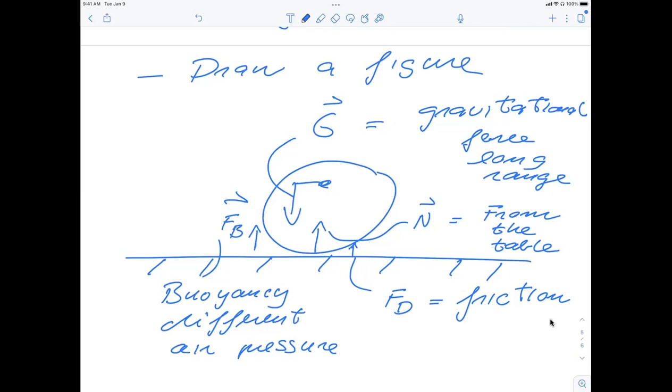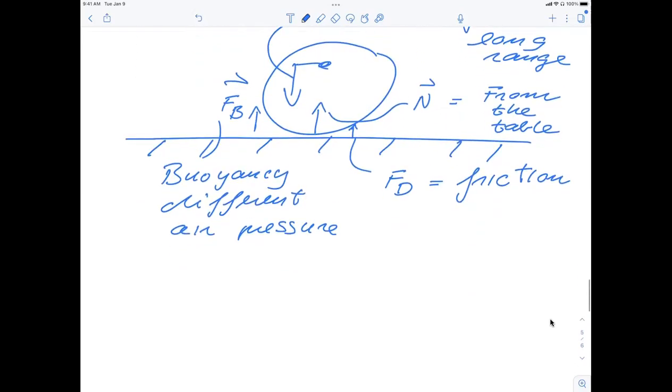Now, when you have analyzed the problem, you would have the net force of the problem. So we would have a net external force, and we would simply write this as F net.